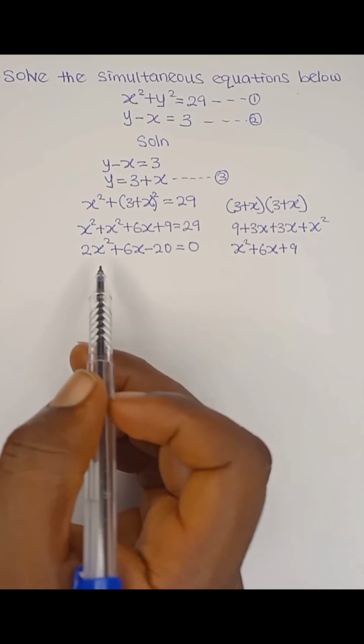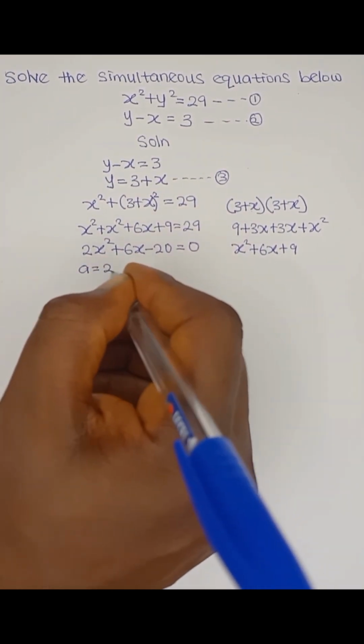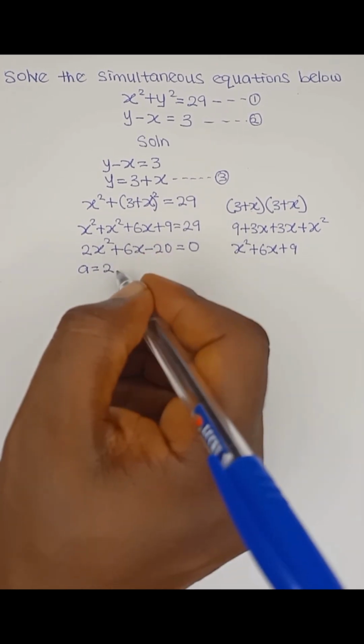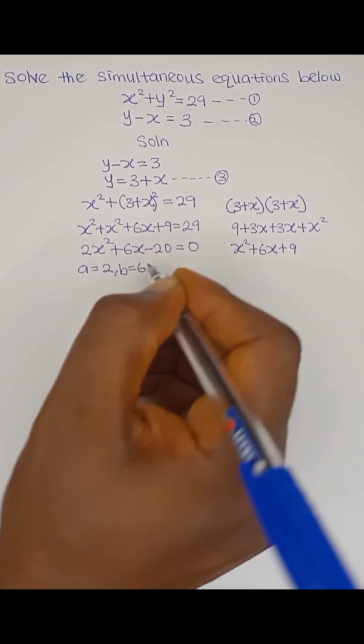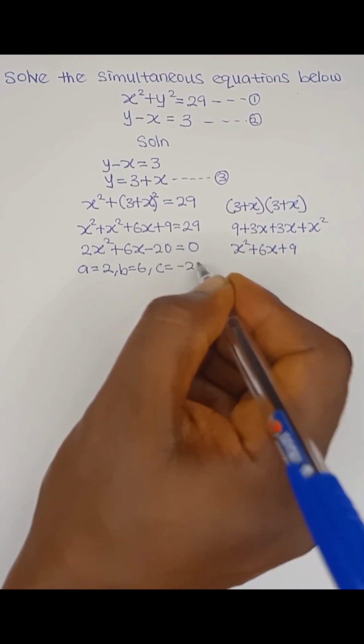In a quadratic equation, we know that our a is equal to 2, since a is the coefficient of x squared. Our b is equal to 6, since b is the coefficient of x. And our c is equal to minus 20.